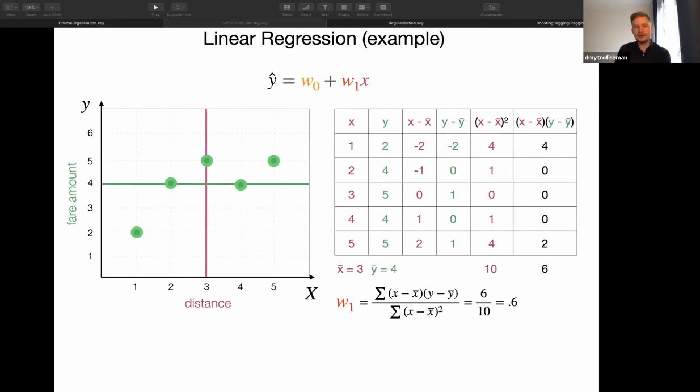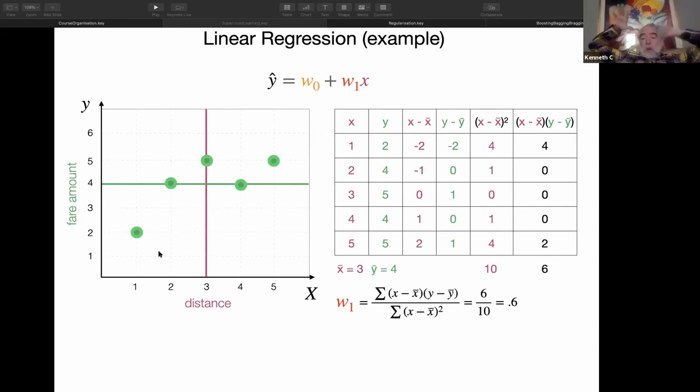Now, how do we find W0? Lena, how do we find W0, given that we know that W1 is 0.6 and we know the line equation here? There is also a hint on the picture here. Kenneth?